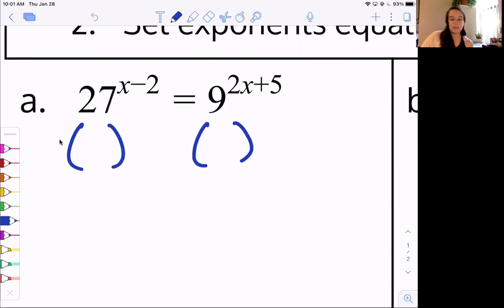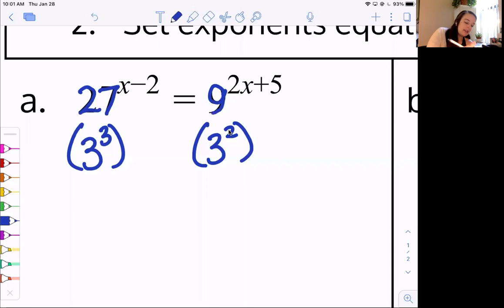Yes, I've got some 3s in the chat for sure. 27 is 3 to the what power? 3, yes. And 9 is 3 squared, yes. Thank you. So I turned 27 into 3 to the third, and I turned 9 into 3 squared.